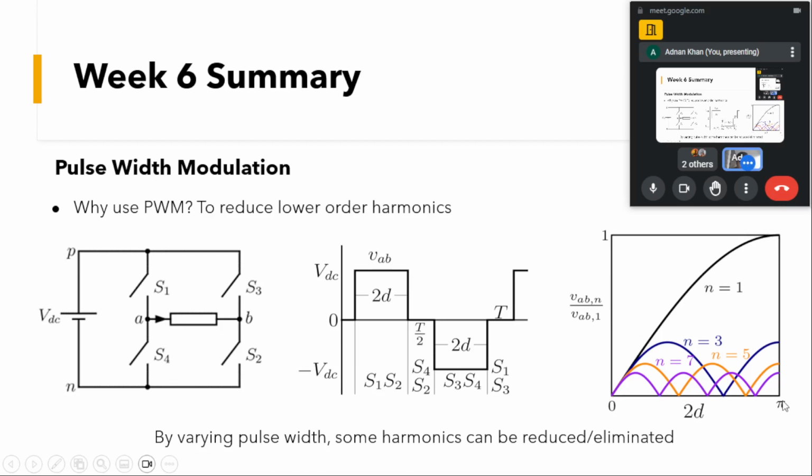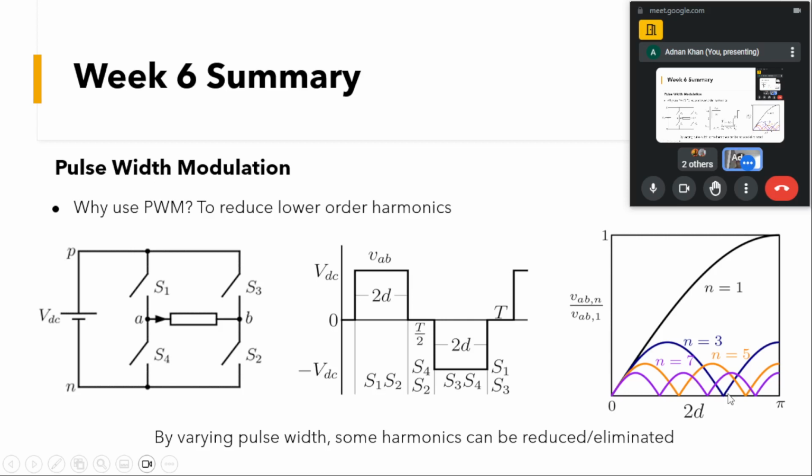but you can see at pi we have the other harmonics at their peak as well. You can see the third, fifth, seventh also have some magnitude, and it will be the peak magnitude of these harmonics. However, if I am able to reduce this conduction period by some amount, take the example of the third harmonic, you can see the amplitude of this third harmonic comes out to 0 at some point, which is at 120 degrees, that is 2 pi by 3.